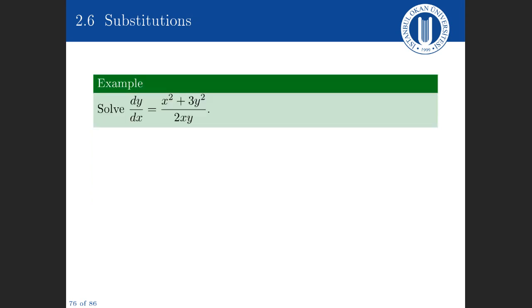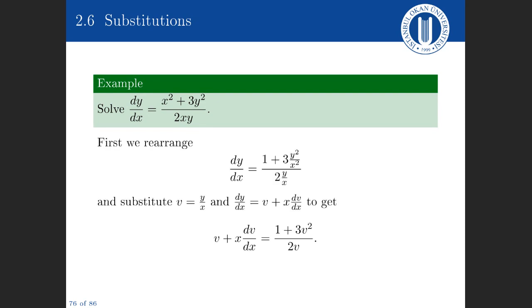I'm going to do one more example. Solve dy/dx is (x squared plus 3y squared) divided by 2xy. First, we rearrange it, divide through by x squared, and we can see that on the right-hand side, we have a function of y divided by x. And then we do our substitutions.